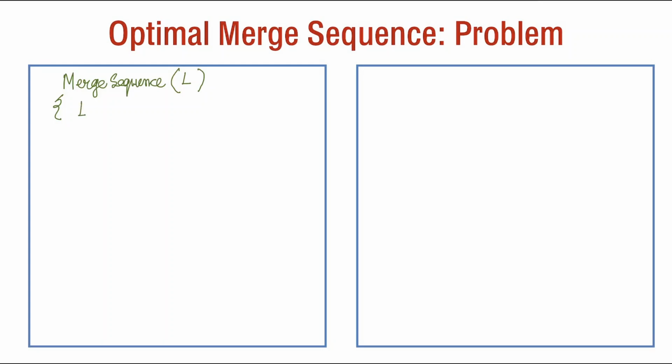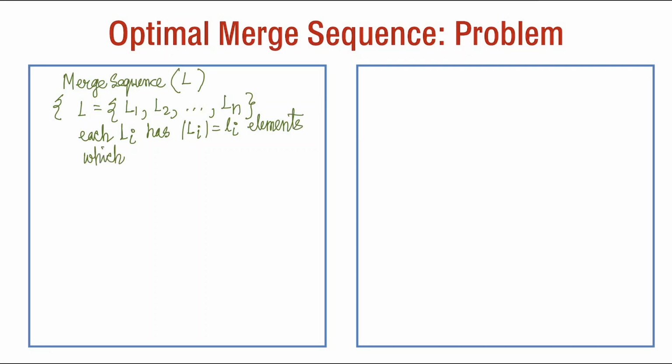That means L is equal to sublists L1, L2 right up to Ln, and each Li has elements which are already sorted.